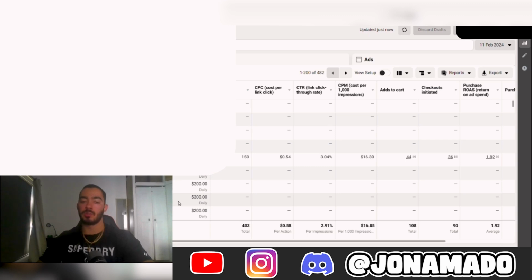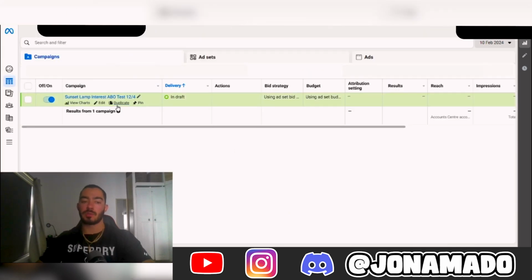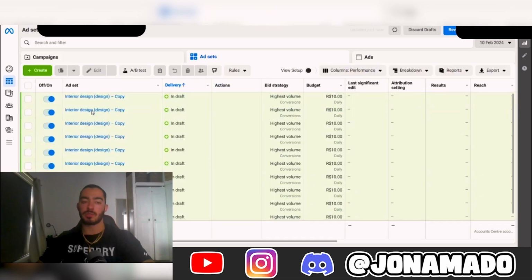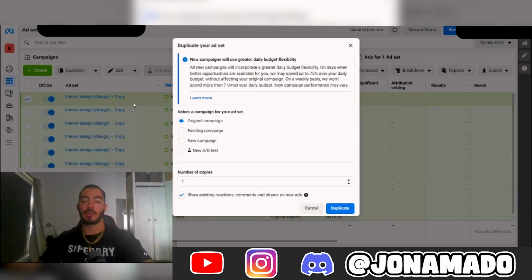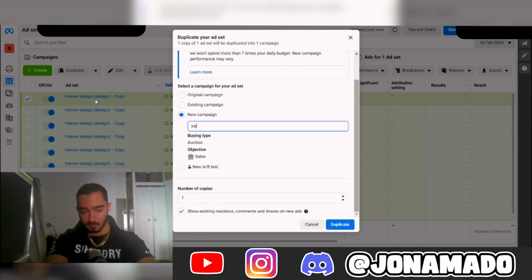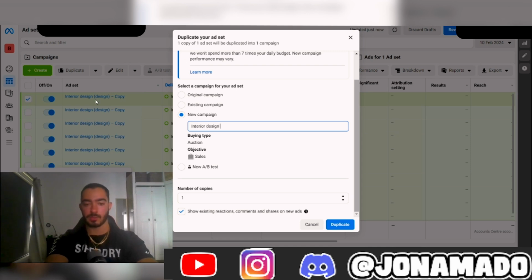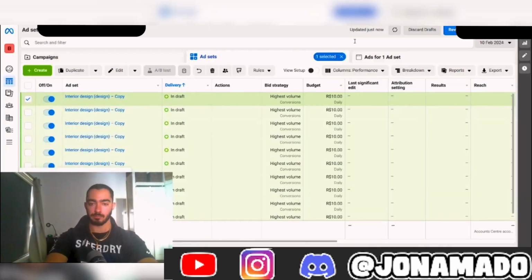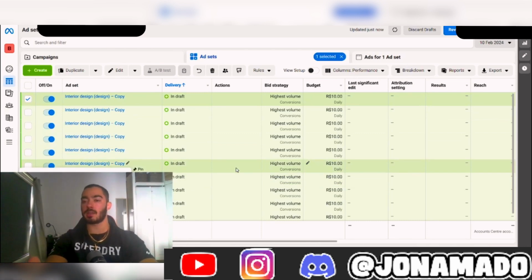So in order to do that, what you would do is when you have a winning interest, you want to go to that winning interest, click on duplicate, new campaign, call it whatever that, so it'd be interior design, CBO. I like to do $100, and then make 3 copies. You duplicate that, set it for midnight the next day, and that's basically how you start to scale.